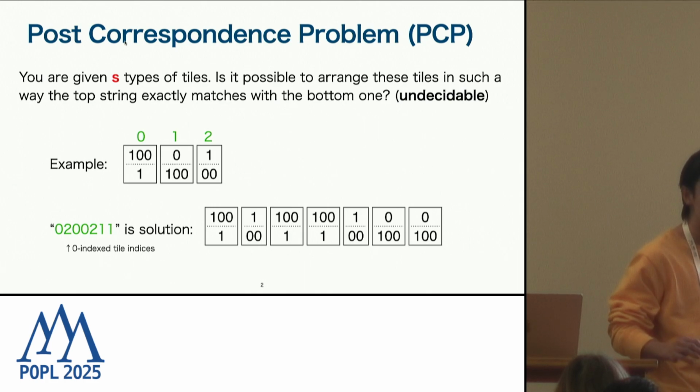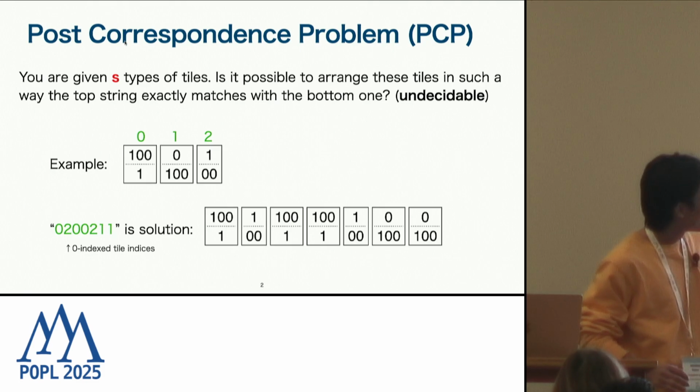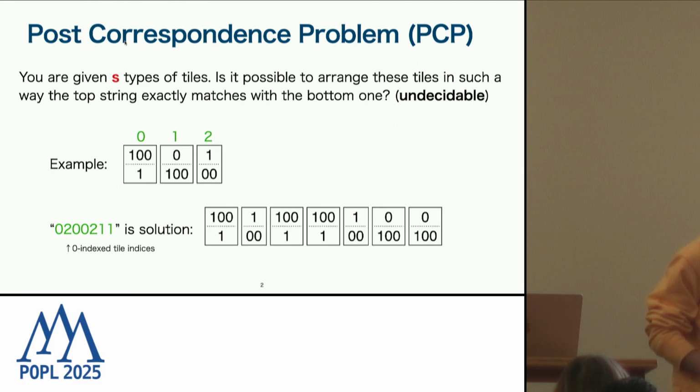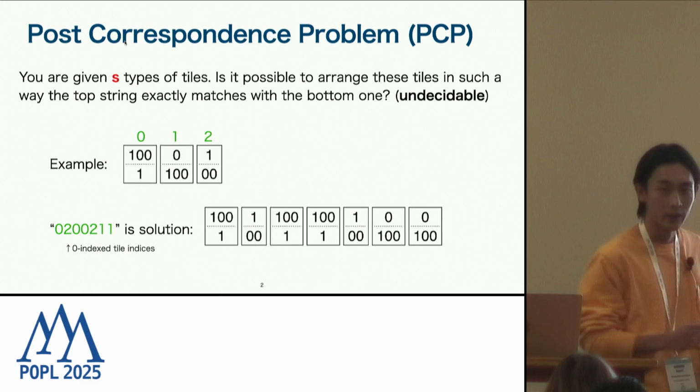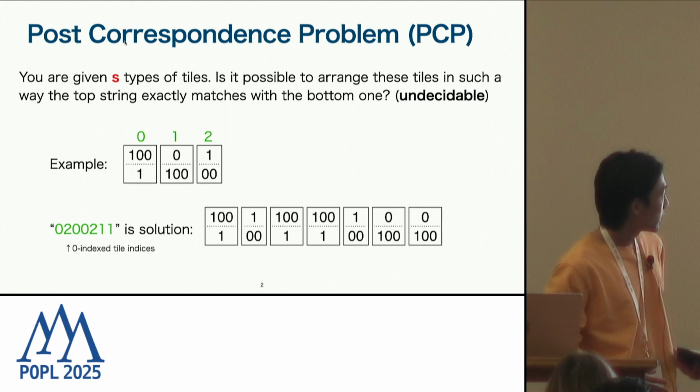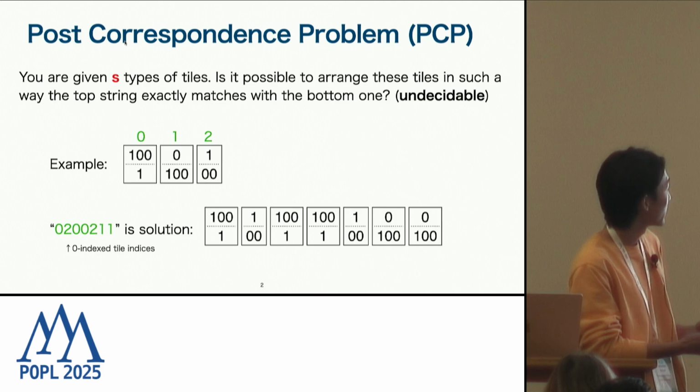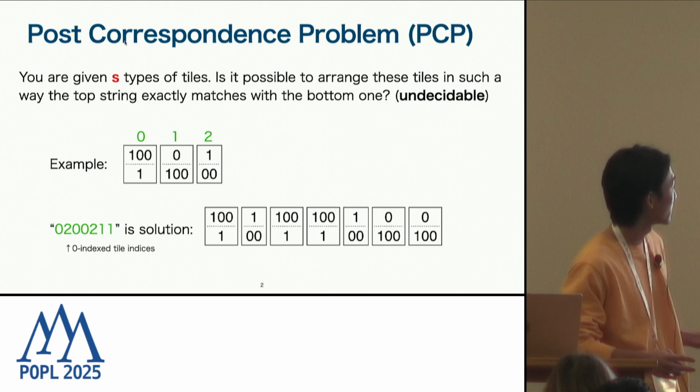If you arrange these tiles in this order, you can read the top string 1, 0, 0, 1, 1, 0, 0, 1, 0, 0, 1, 0, 0, and the bottom string 1, 0, 0, 1, 1, 0, 0, 1, 0, 0, 1, 0, 0. You should notice these two are identical, right? So this is a solution, and the answer to this problem is yes, there is a solution.